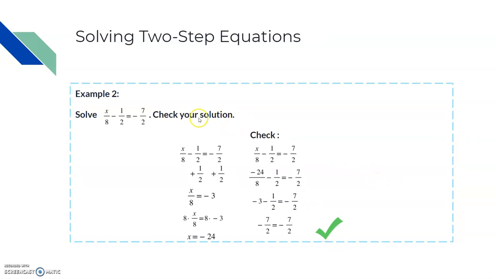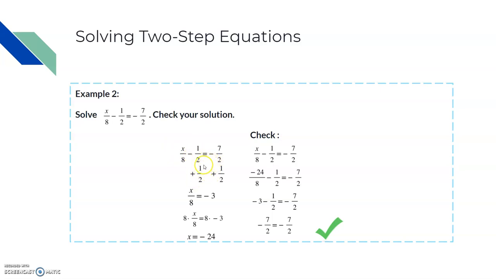Now we're going to be looking at example 2. x over 8 minus 1 over 2 equals minus 7 over 2. So now what we're going to be doing is adding 1 over 2 to both sides, turning the minus 1 over 2 into a positive.